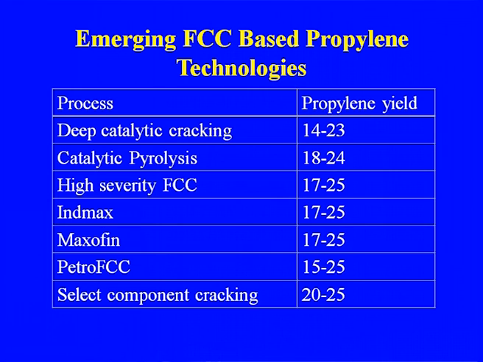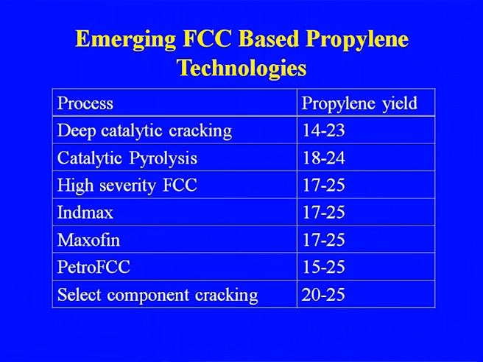I told you the catalytic pyrolysis, high severity FCC, INDMAX technology that has been developed by Indian Oil Corporation, Maxofin that is the petro FCC, select component. So, if you see the propylene yield in these processes, that is quite high, around 40, or you can say 25% in some of the cases.